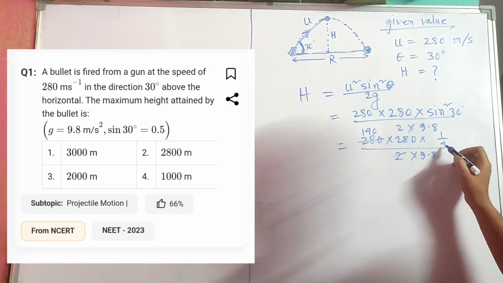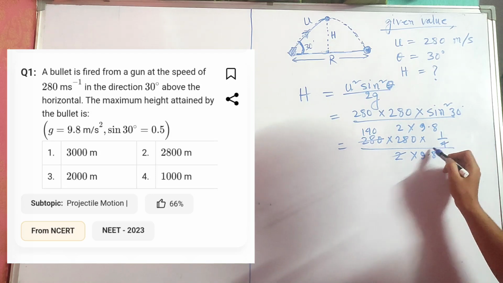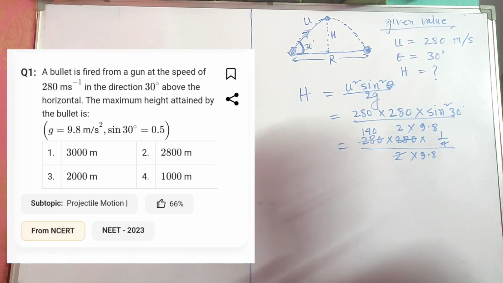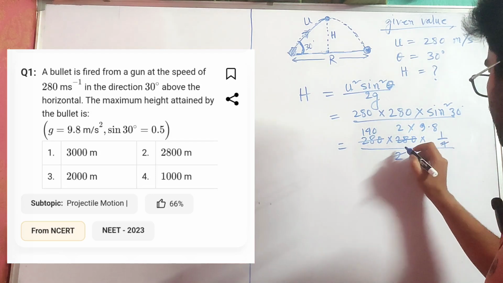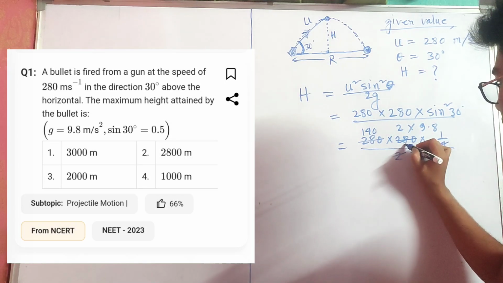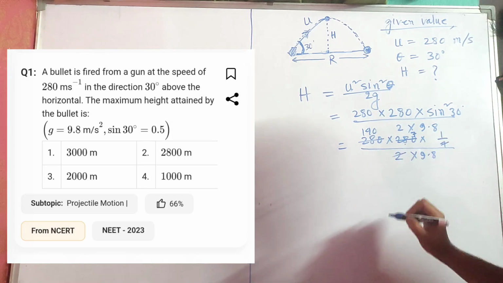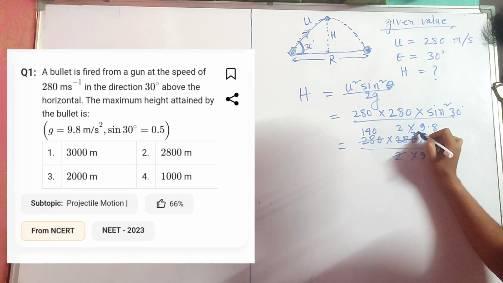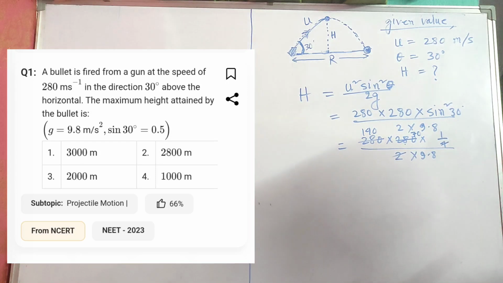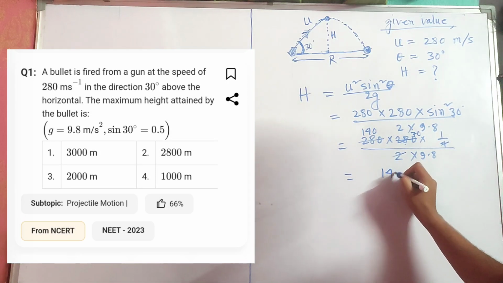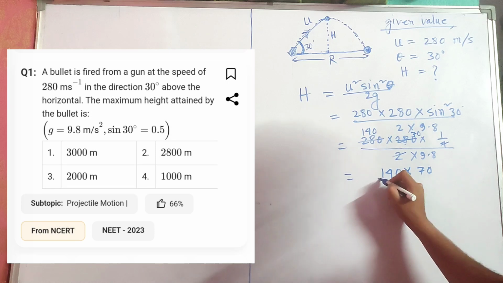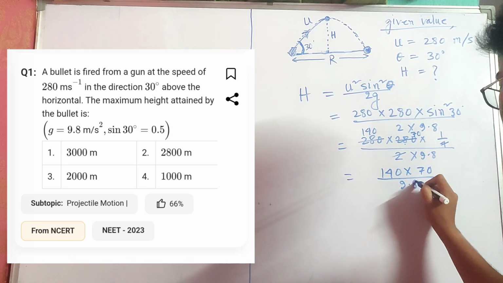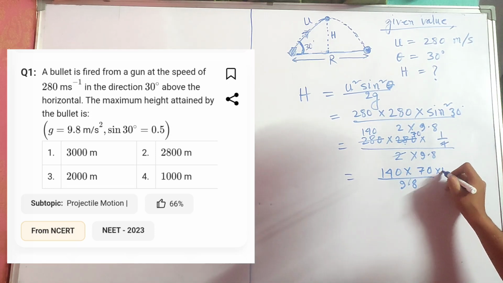Simplifying, 280 into 280 by 4 gives 140 into 70 by 9.8, which means 98 into 10.